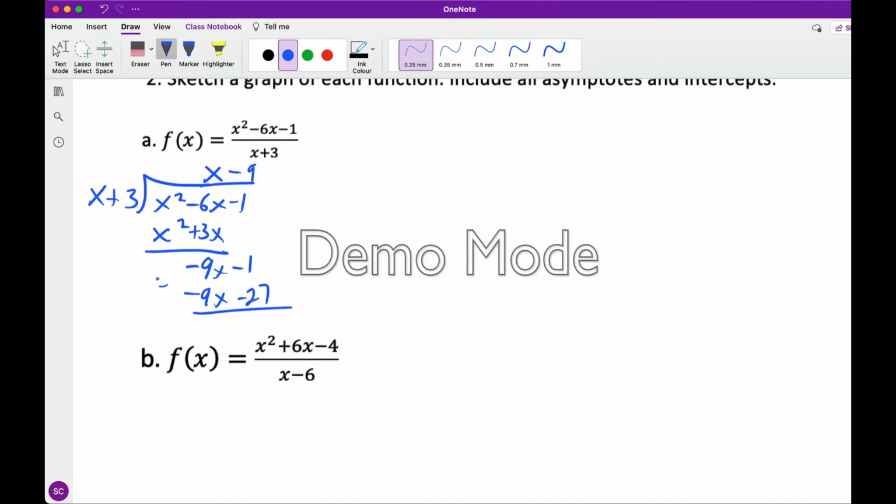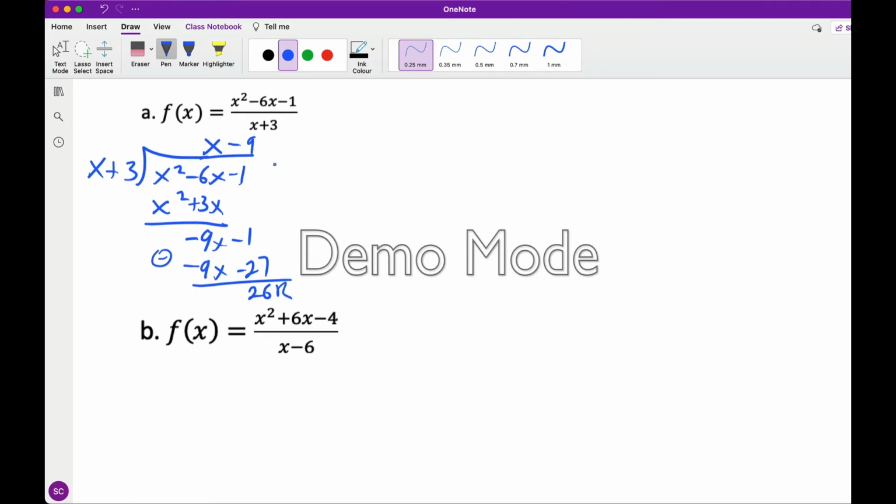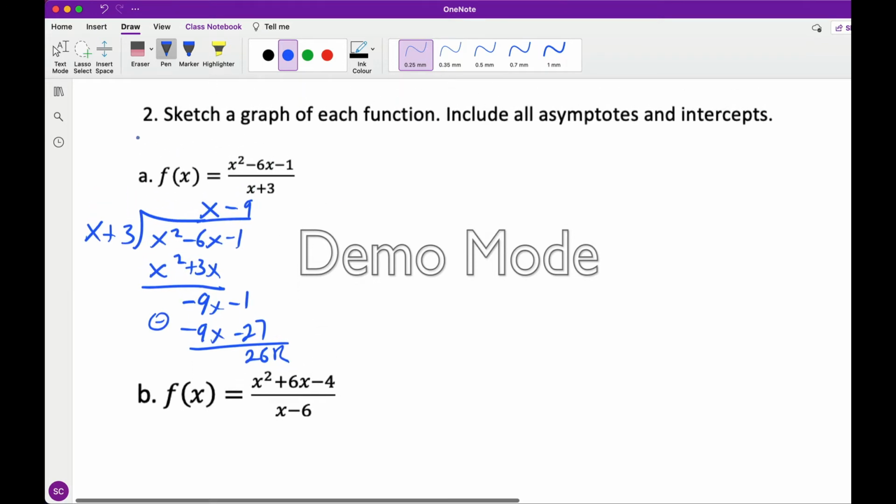Remember, we're subtracting, so be very careful. We're going to get a positive 26 remainder. That means this function is the same as x minus 9 plus 26 over x plus 3. We get 26 of these remaining.